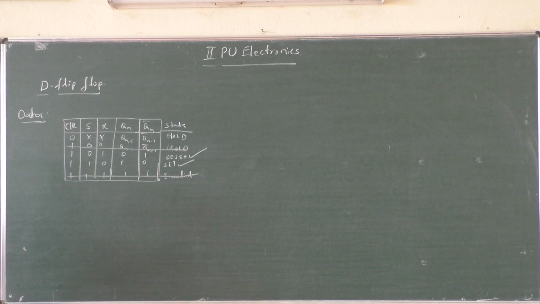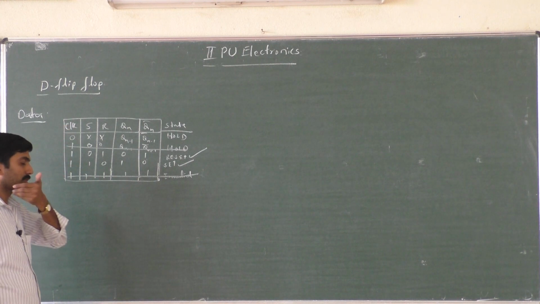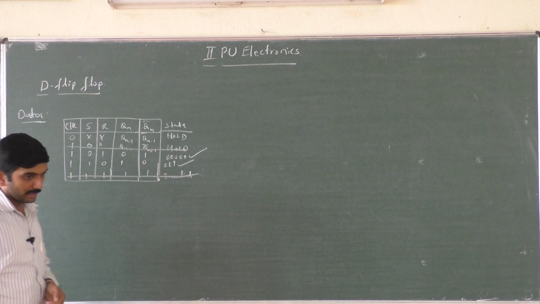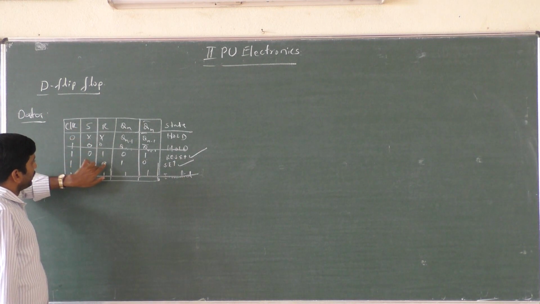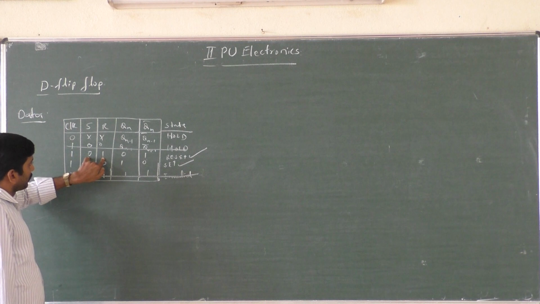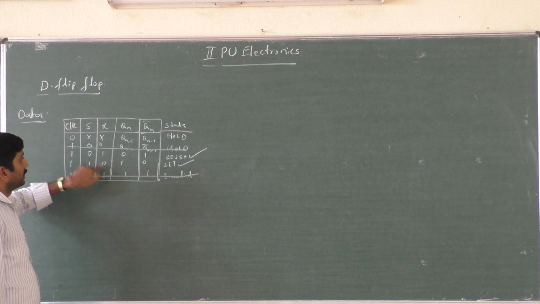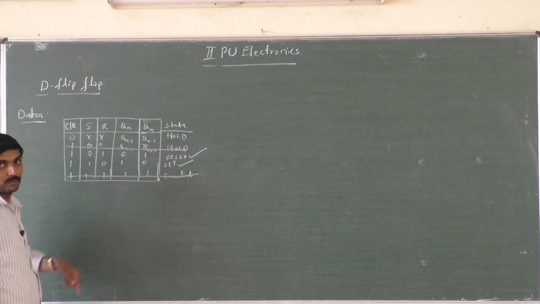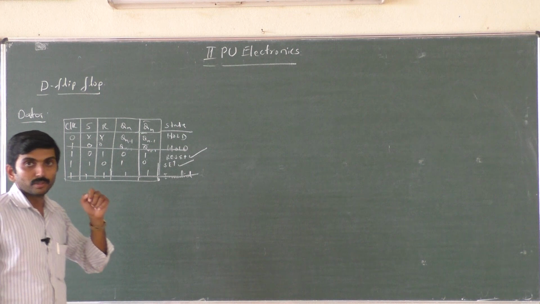Next, look at the S and R conditions. Clock equal to 1, the clock signal is used to enable the circuit. And what about S and R? Simultaneously, both are not having the same logical levels. When S equal to 0, R should be equal to 1, and when S equal to 1, R equal to 0.